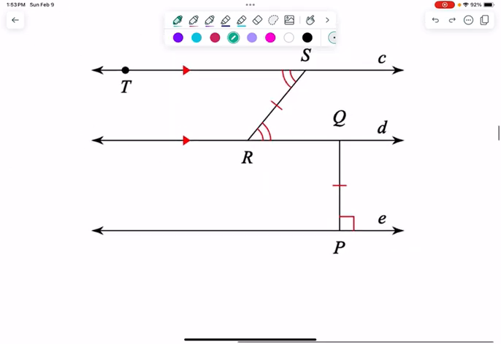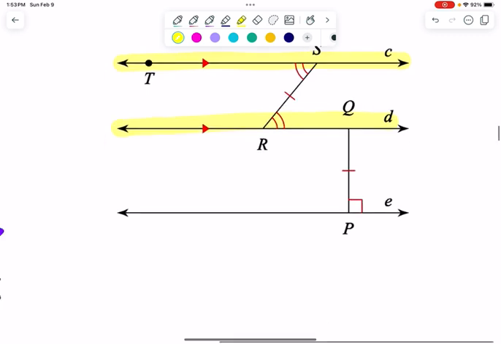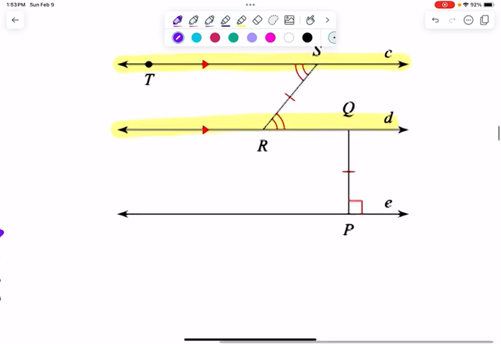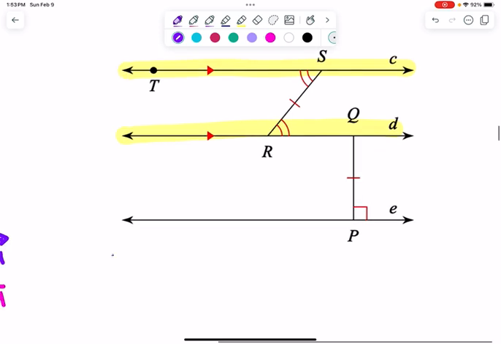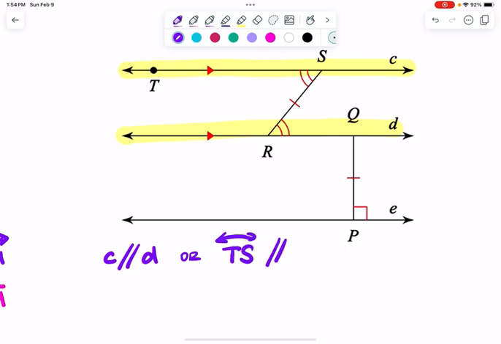Welcome back. Okay, so as I go through here, I'm going to start with parallel lines again. I see these extra arrowheads in the middle, and those lines actually have lowercase letters as options of ways that I can name them. So you might have said line C is parallel to line D. You also might have labeled it a different way and said line TS is parallel to line RQ.